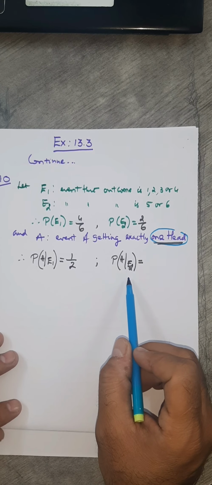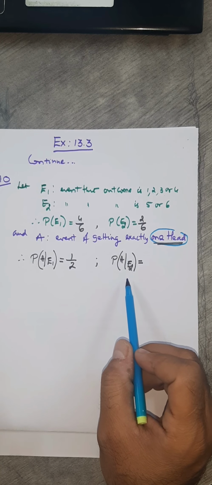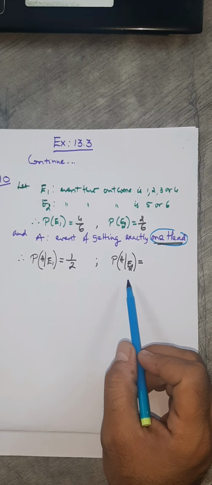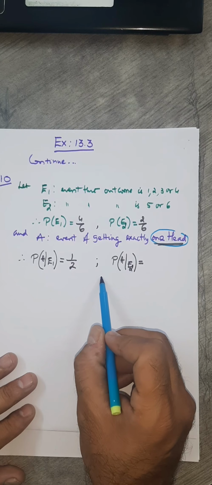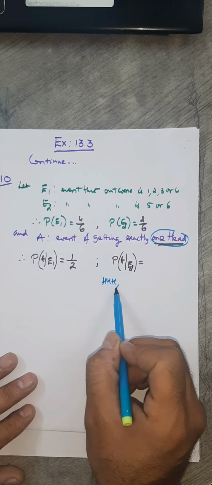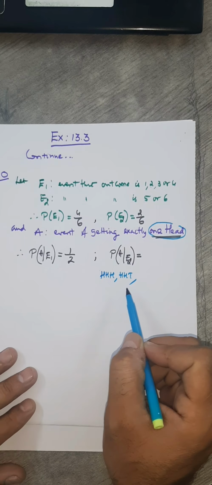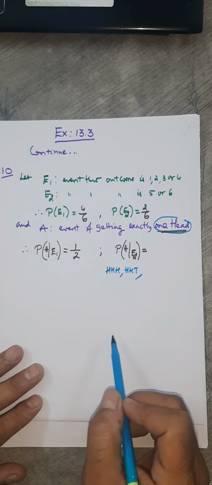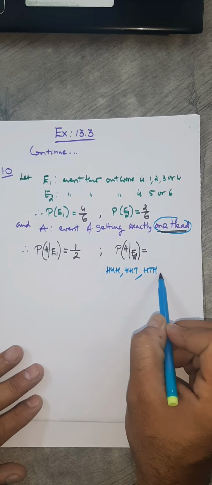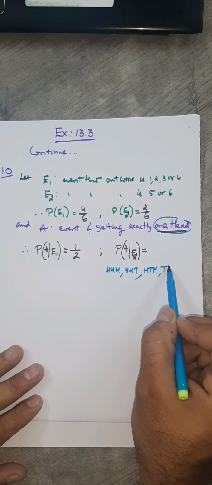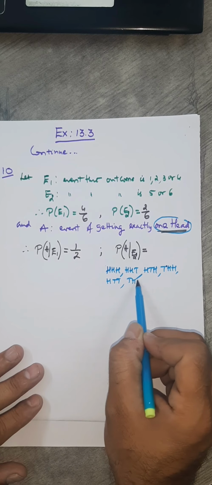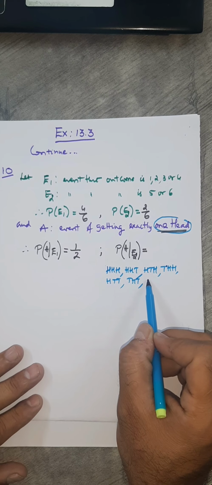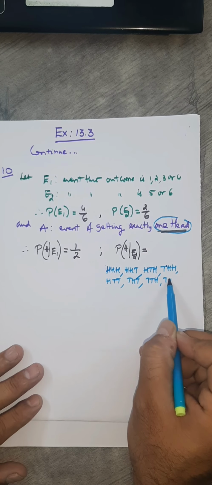In that case, if you list out all the outcomes and count the number of heads, these are the outcomes if the coin is tossed 3 times. We know it, right? I'm just listing for your information. This is HTT, then THT, then TTH, and all are tails.